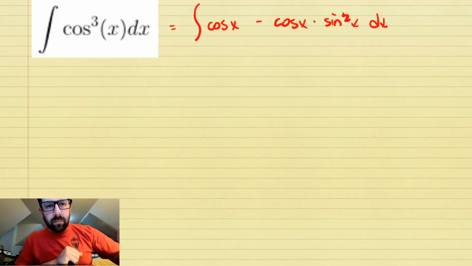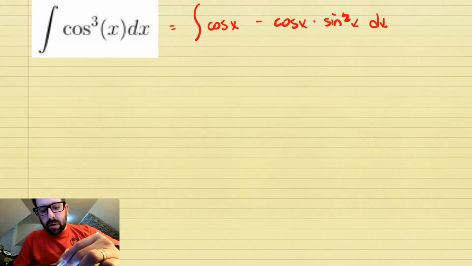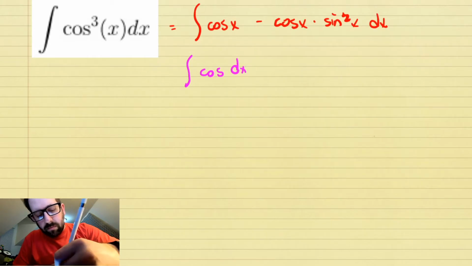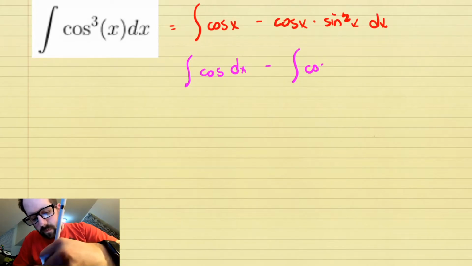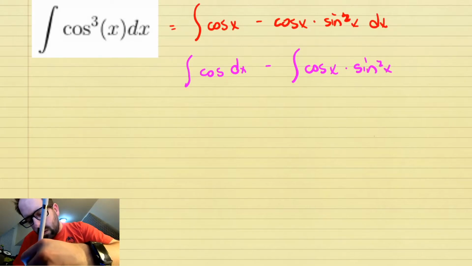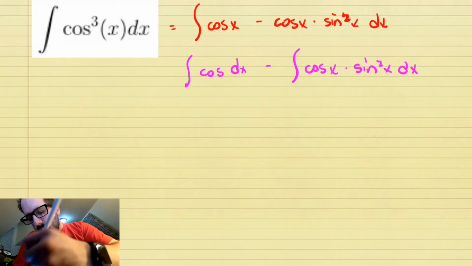We have a minus sign in the middle, so when you do integration, you can separate them by the plus or minus sign. That's the rule of sum and difference. So again, I'm going to switch up my color here. This is the same problem. You can do that for sum and difference.